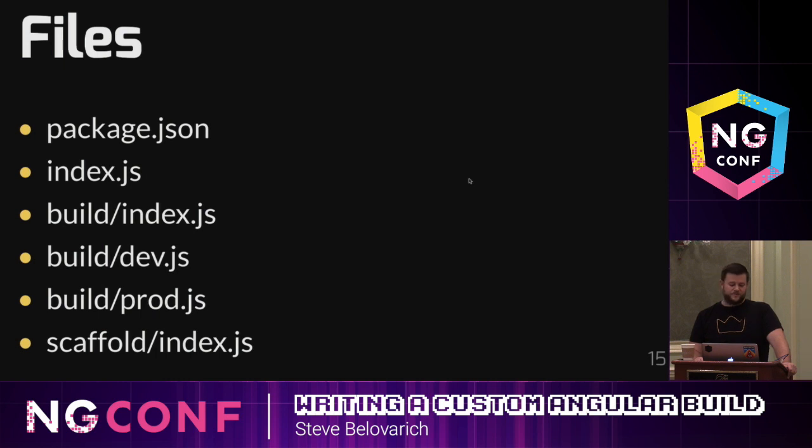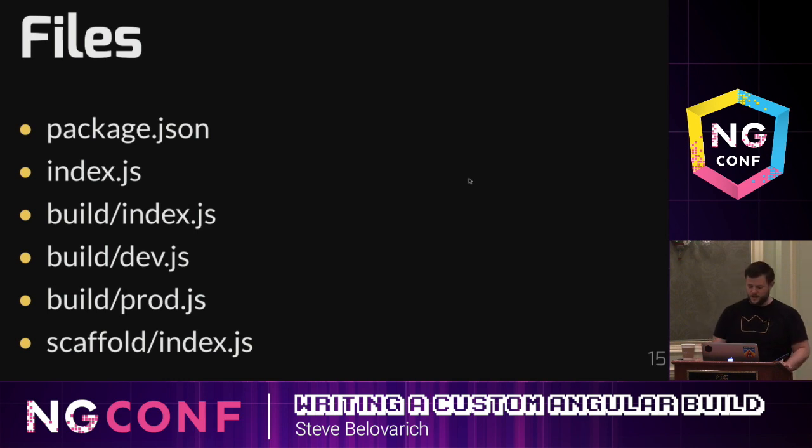And then we have a few other files in the build folder, which are the scripts we are going to use to run a dev build and run a production build. And then any methods that are shared between those two builds, we're going to write in the build.index.js file. And also we have a scaffold folder, which has some boilerplate code that will scaffold an Angular application for us.